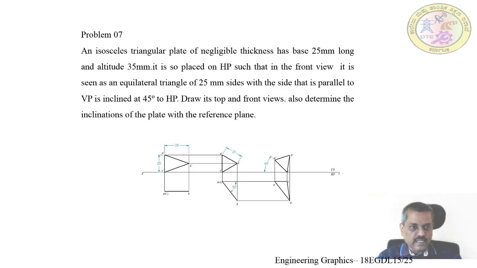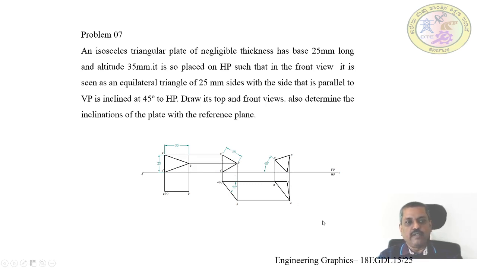So similarly, you get the corresponding B over here and corresponding C over here, and you join all these A, B, C with a thick line, and this is going to be the final position of the triangle, which is making a 52 degree surface inclination, and the edge on which it is resting is also making 45 degree. So this is the final position.